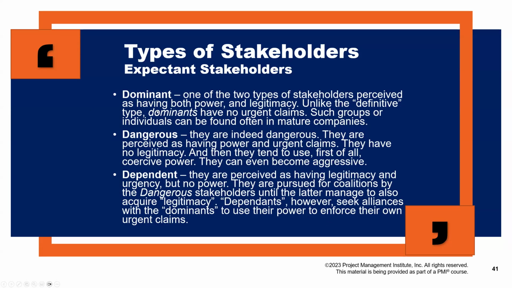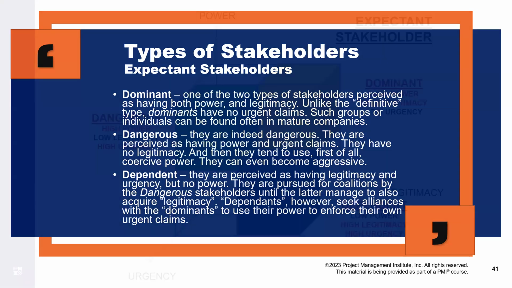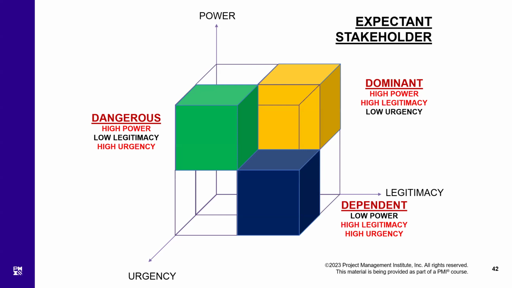Expectant stakeholders, what kind of salience do they have? They have moderate salience, and they are high in two of the categories. So these will appear like this.